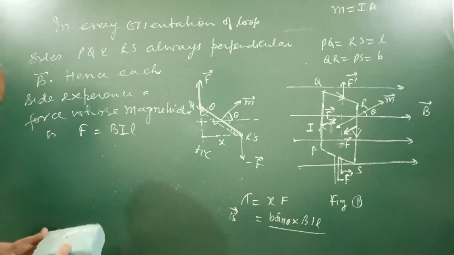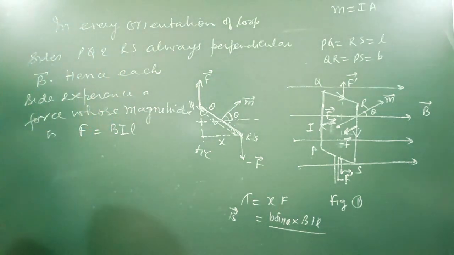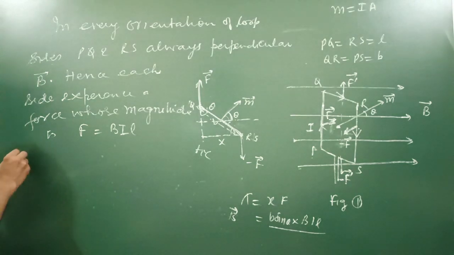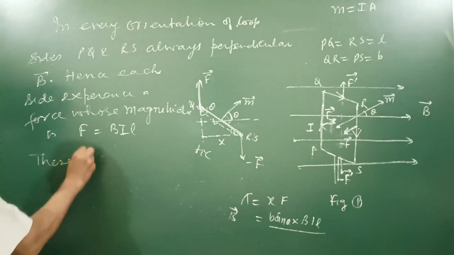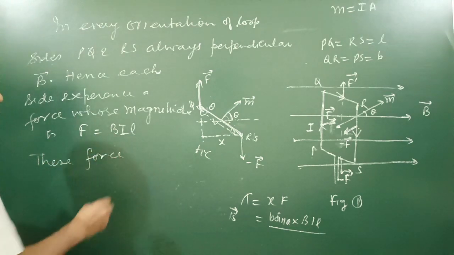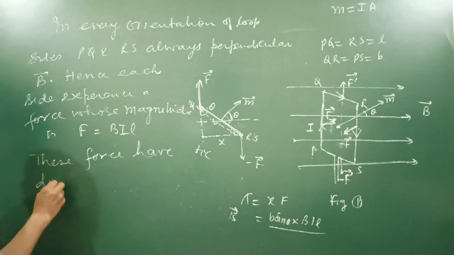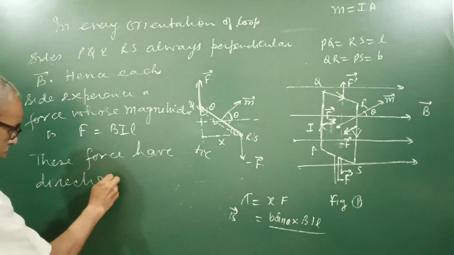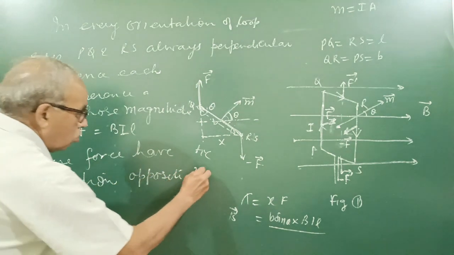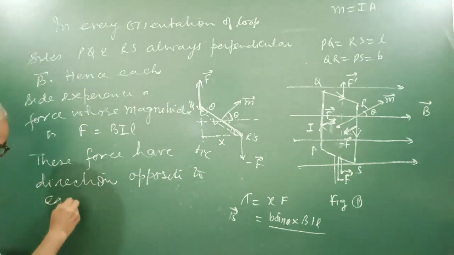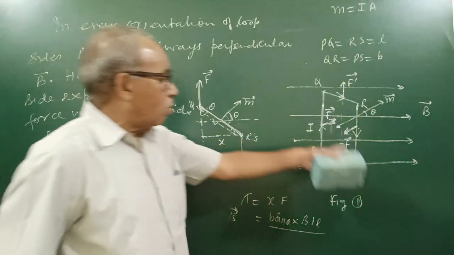BIL is the magnitude of force. These forces have direction opposite to each other. So in figure it is vector F or it is minus F dash.